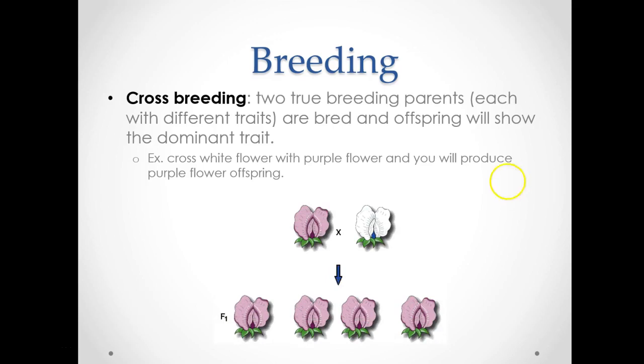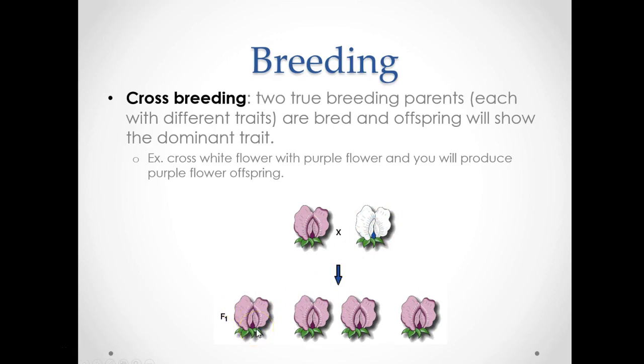So what that tells us is that even though we've got 2 alleles here and 2 alleles here, purple is dominant to white. Because you'll inherit 1 copy of the allele from this parent and 1 copy of the allele from the white parent, that would give you 1 purple allele and 1 white allele.